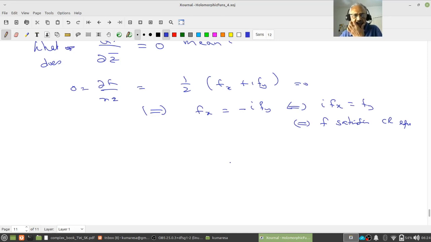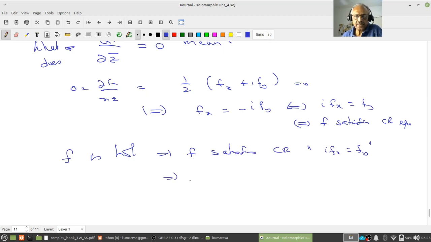You understand? Therefore, if f is holomorphic, that implies f satisfies CR in the form ifx equal to fy, and this is an if and only if, del by del z bar is 0.